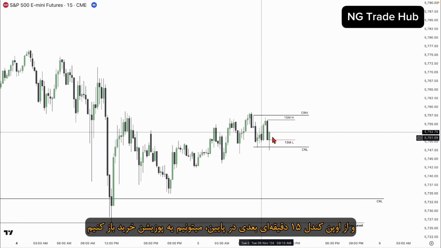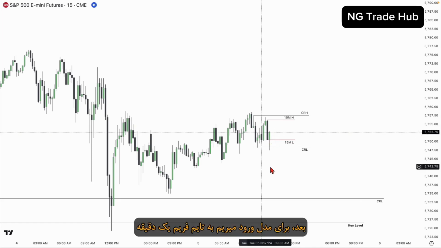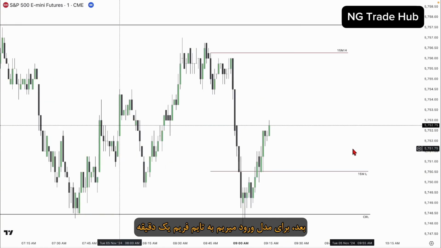And from the opening of the next 15-minute candle below, we can open a long position. Next, we switch to the 1-minute time frame for the entry model. If we get confirmation, we will open a long position.